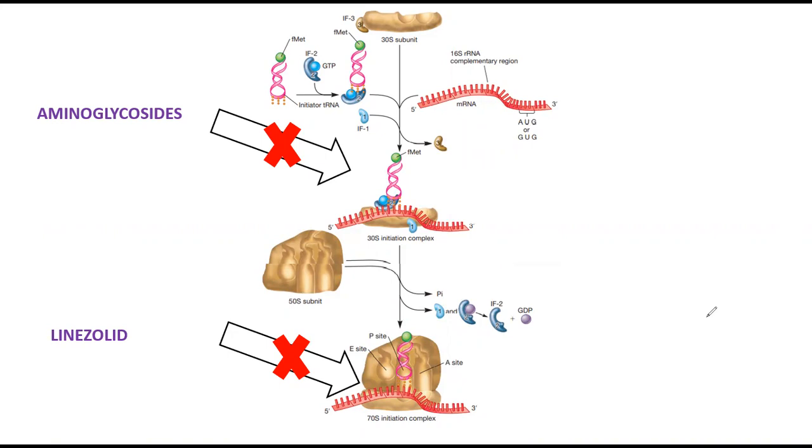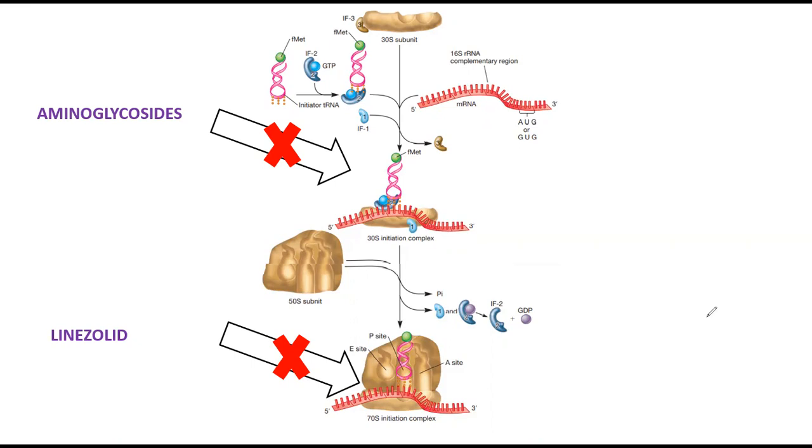The first class of protein synthesis inhibitor antibiotics are the aminoglycosides, for example streptomycin, kanamycin; these are the aminoglycosides. What do they do? They do not allow the formation of the initiation complex.